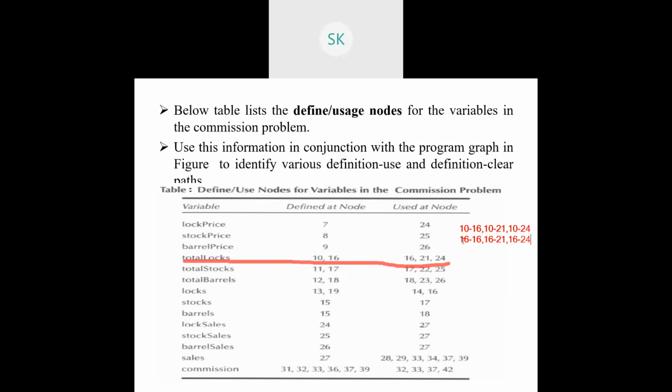How? It's a Cartesian product, so all the Cartesian products you need to identify. If all the identified paths are definition clear, then we call that all definitions with respect to that particular scenario. This is the meaning of all definitions with respect to the given problem statement.